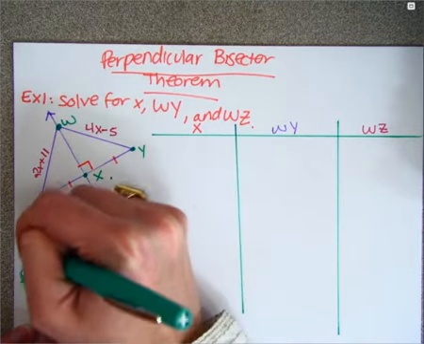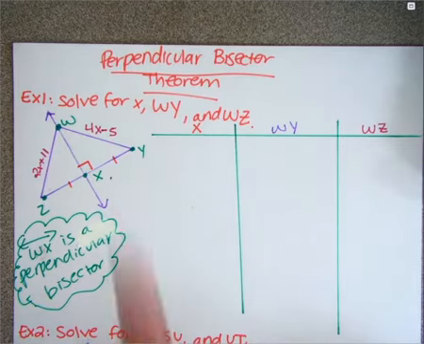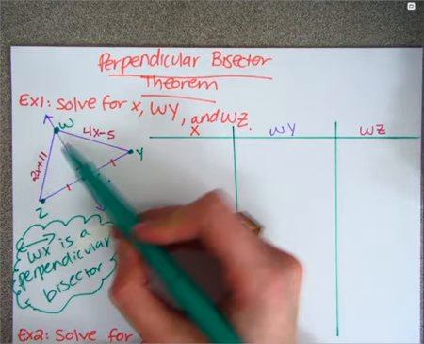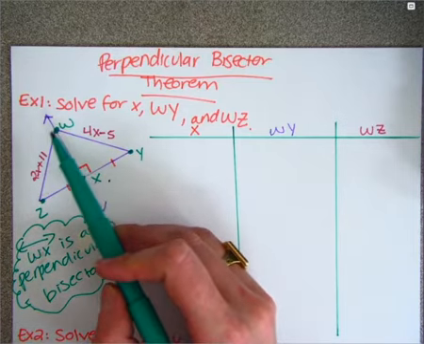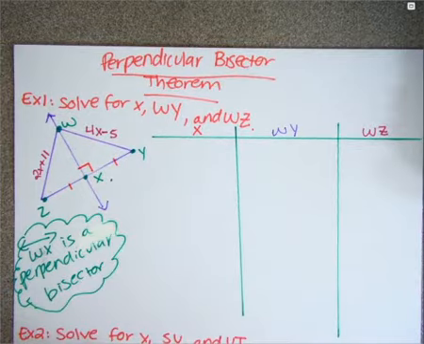Yay! So you cannot apply this theorem unless you first figure out if you have a perpendicular bisector. So that is very important. So watch yourself. Okay, so with that being said, now that I have a point on that perpendicular bisector, if you guys see here, point W is located on WX, which is a perpendicular bisector.